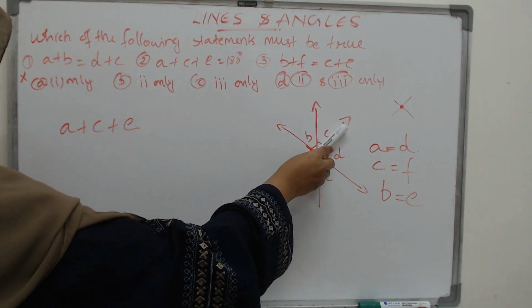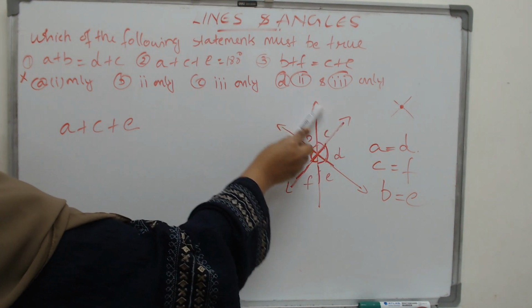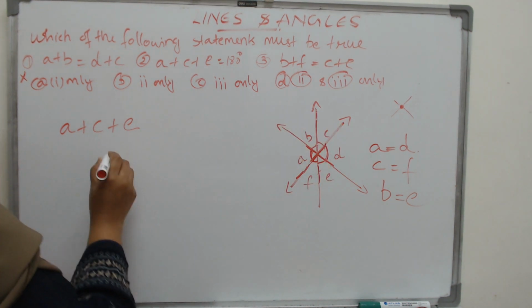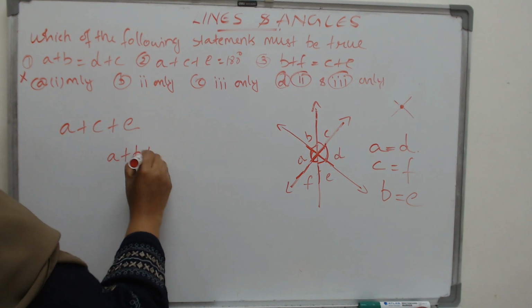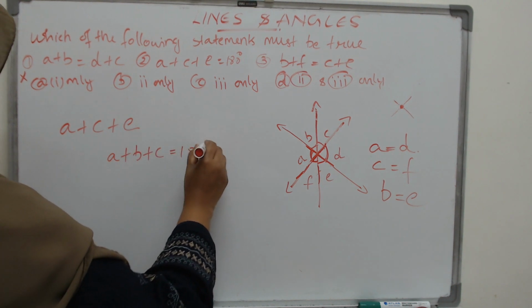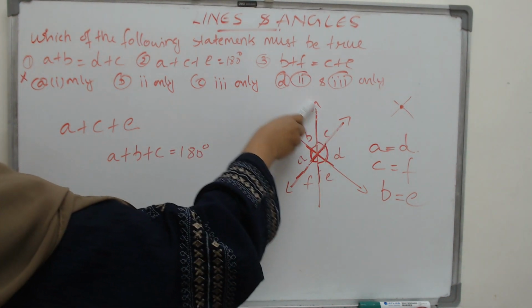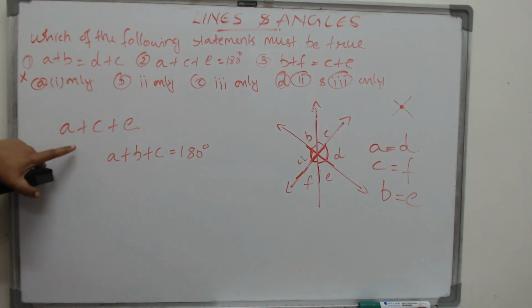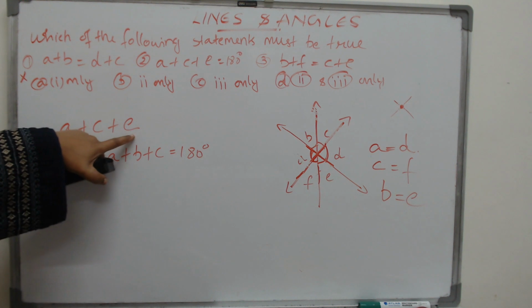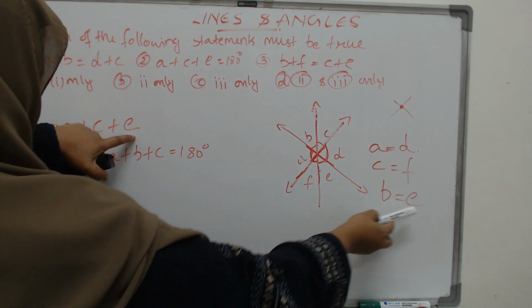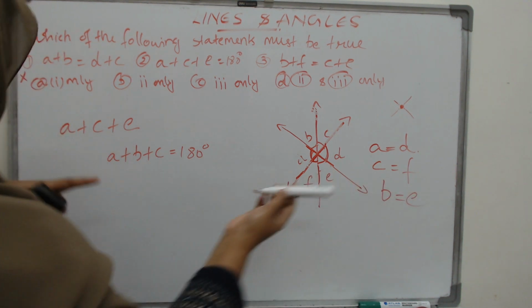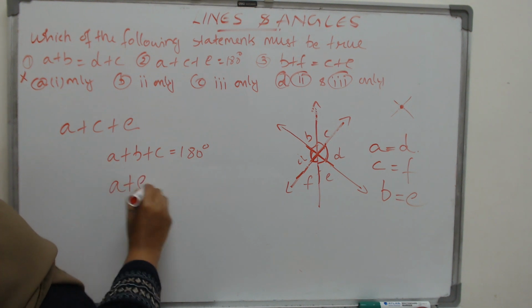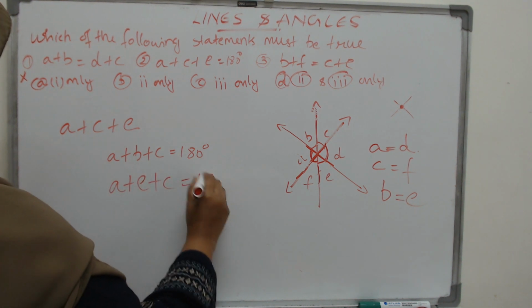Look at this. This is how your line is formed. This line, you see this line? You will have A plus B plus C is 180 degrees. This is the line you want. These three angles will form 180 degrees. But they have given A plus C plus E. But then B is equal to E, which means instead of B, put E there.